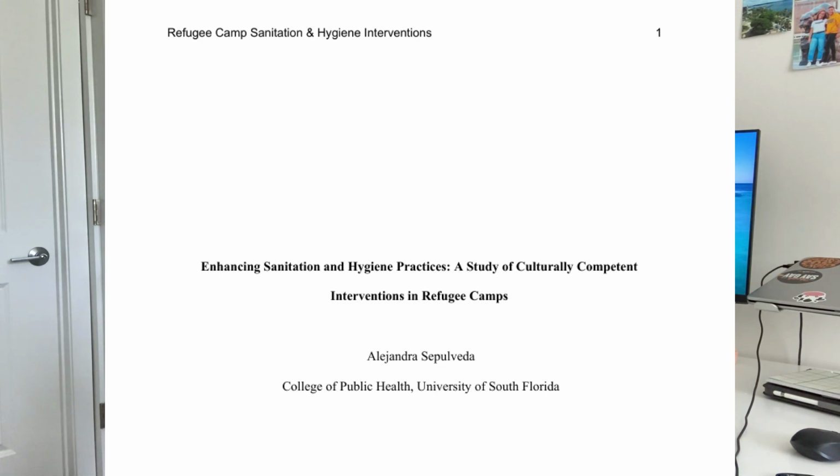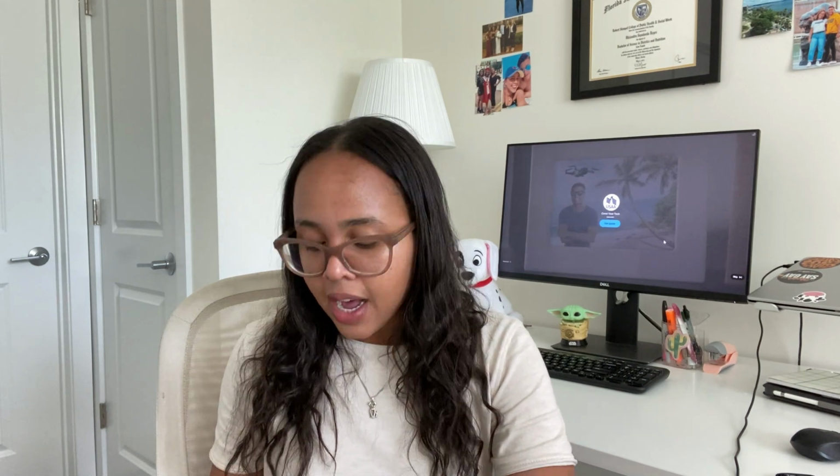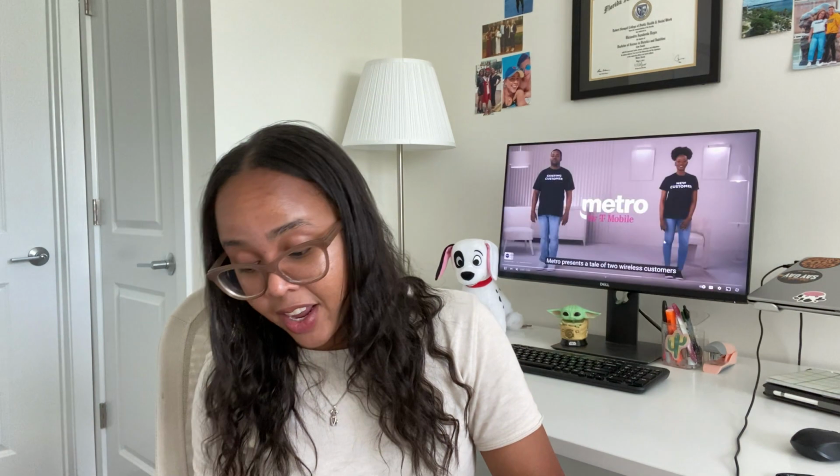interventions in refugee camps. And this paper basically talked about studying the current WASH interventions, WASH, which means water, sanitation, and hygiene interventions across refugee camps, and identifying culturally sensitive practices that enhance the way all the things are basically managed in a refugee camp in relation to sanitation, water, and hygiene, which was eye-opening.